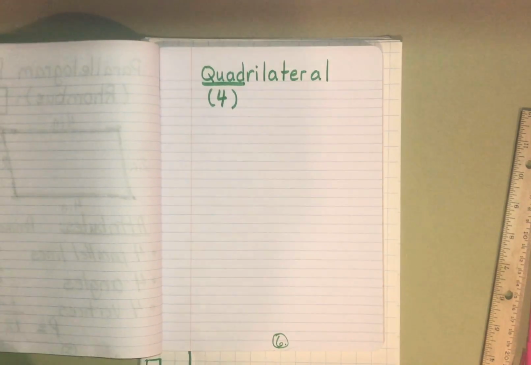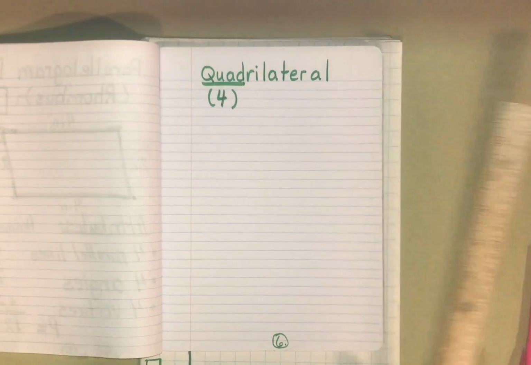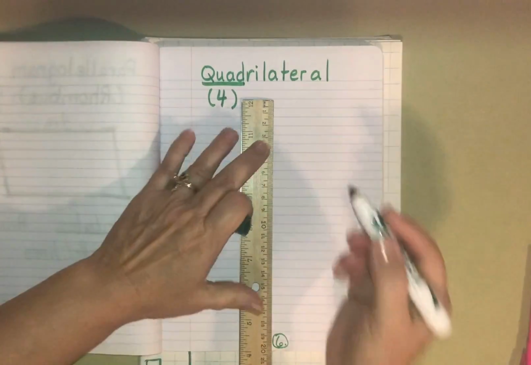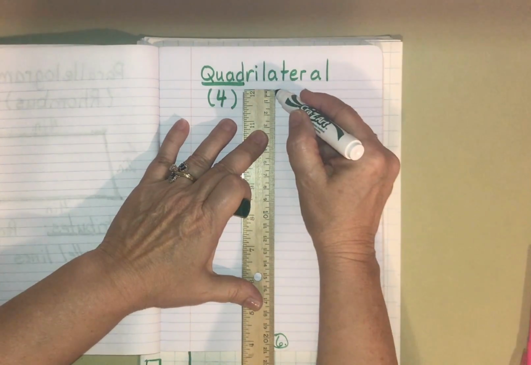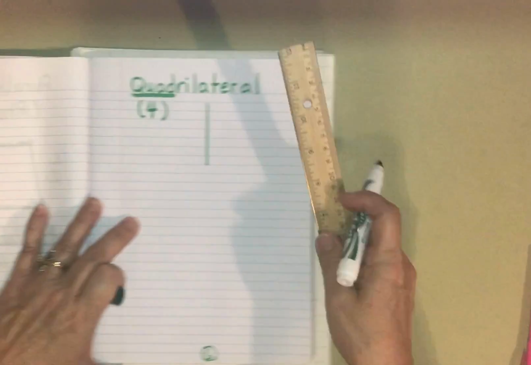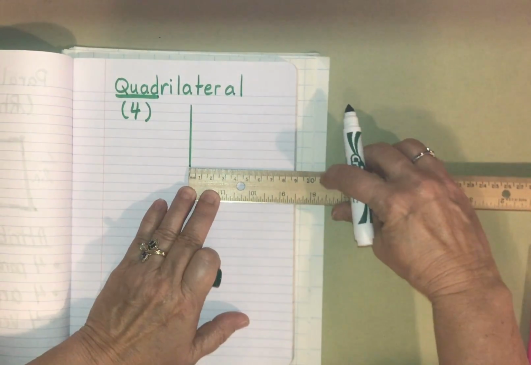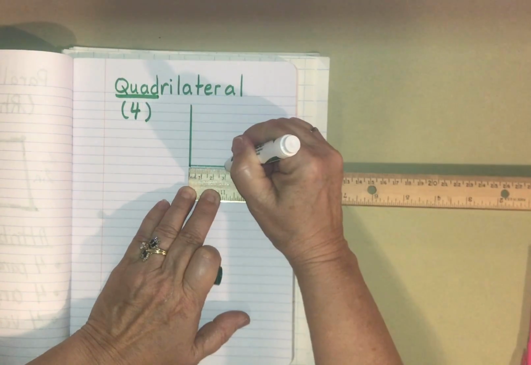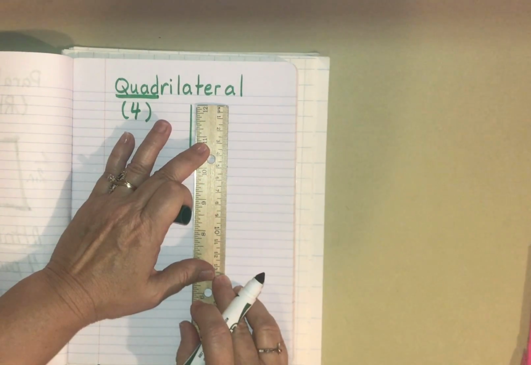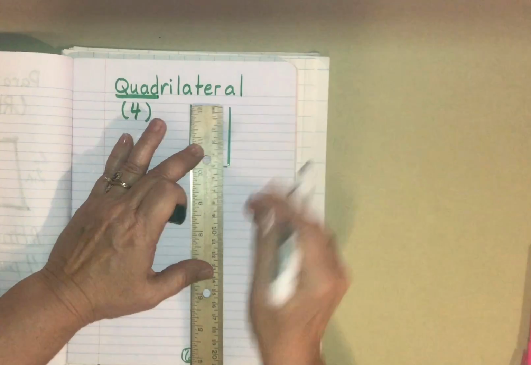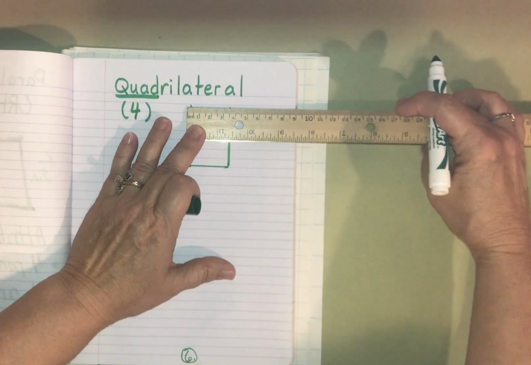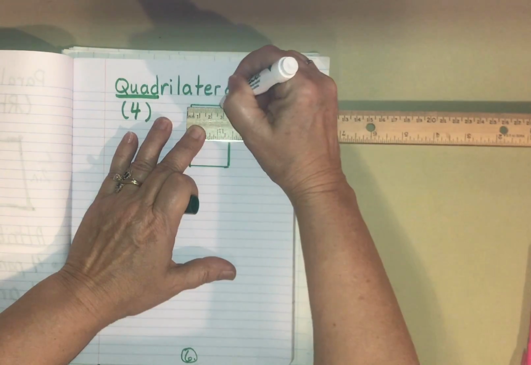So if you go back to the very beginning, when we did page 1, we made a rectangle. So let's go ahead and draw a rectangle, and I'm going to make mine about 5 centimeters long, and then I'll make mine 3 centimeters wide. A rectangle has 4 sides, so another name in math for a rectangle would be a quadrilateral.